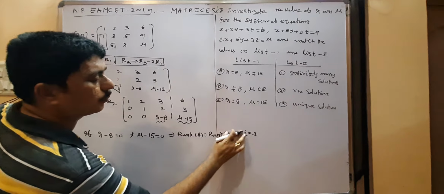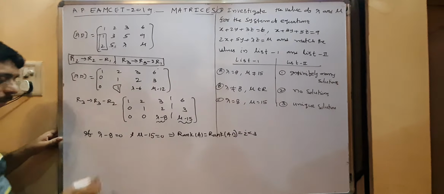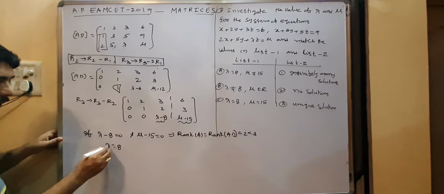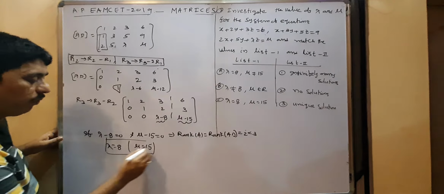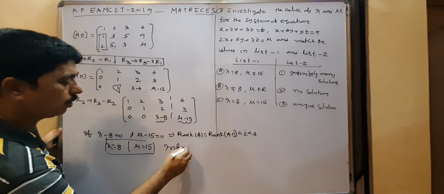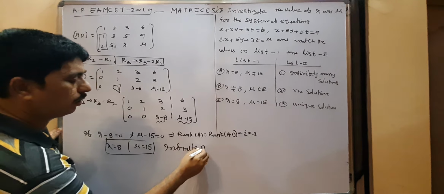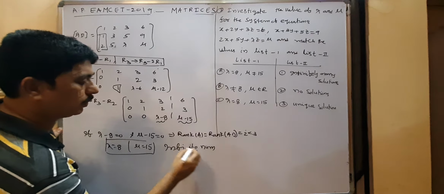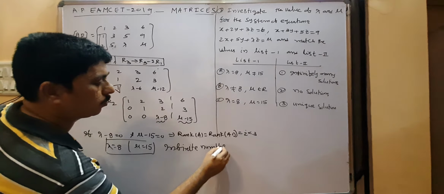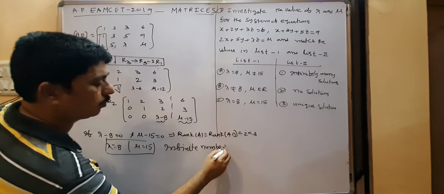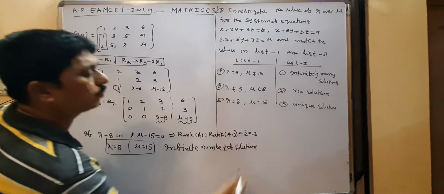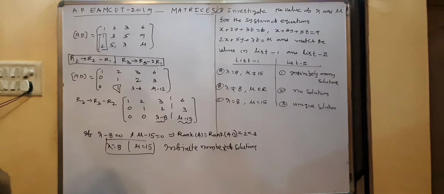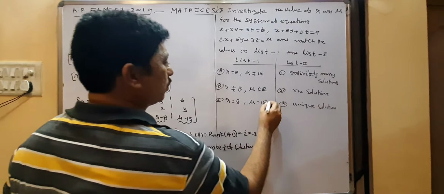In this case, lambda equal to 8 and mu equal to 15, we have an infinite number of solutions. So for lambda equal to 8 and mu equal to 15, you have an infinite number of solutions.